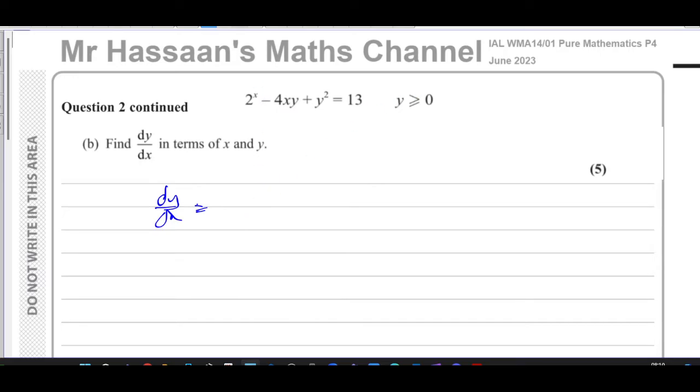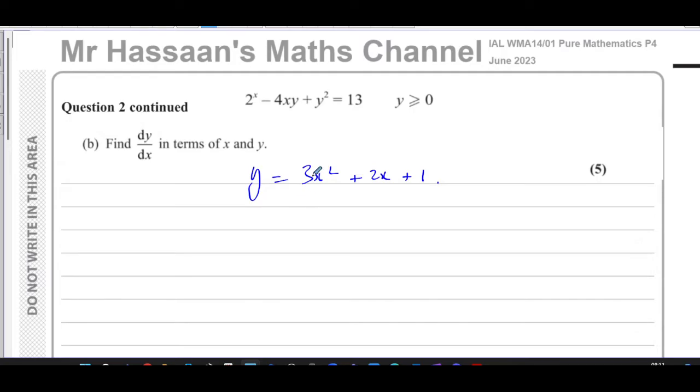Now, I want to go through some background about what differentiation actually is. Let's start with, say, y equals 3x squared plus 2x plus 1, something like this. When you are differentiating an equation like this, what you're doing is you're differentiating both sides with respect to x.